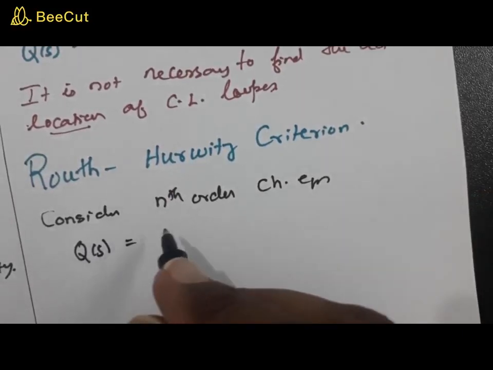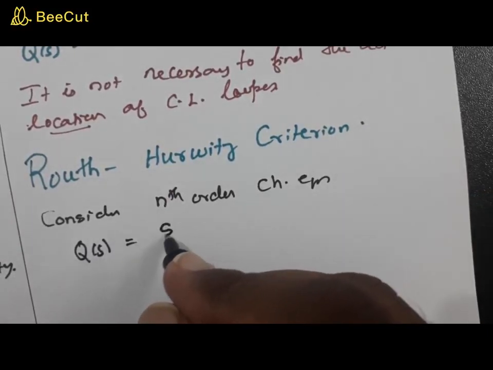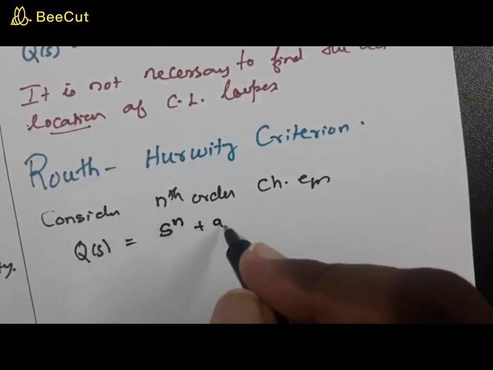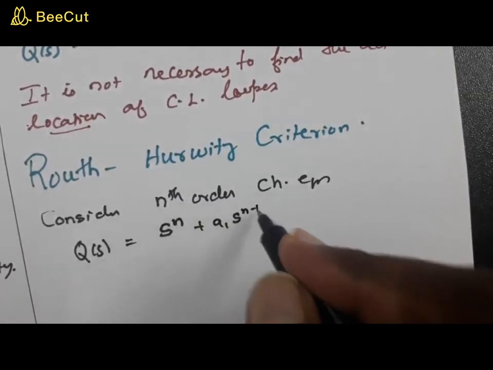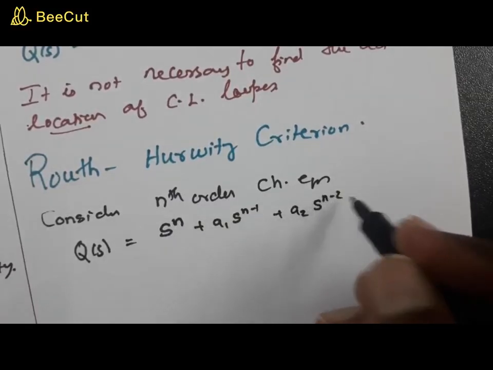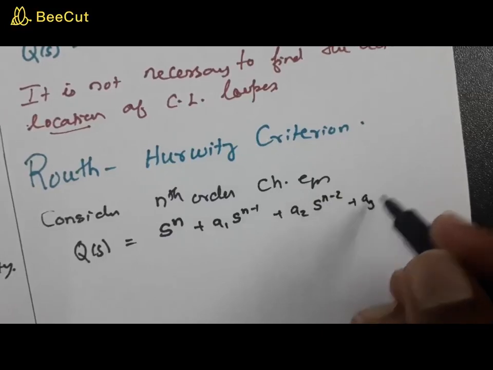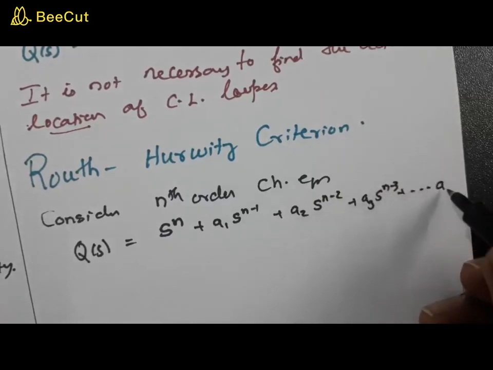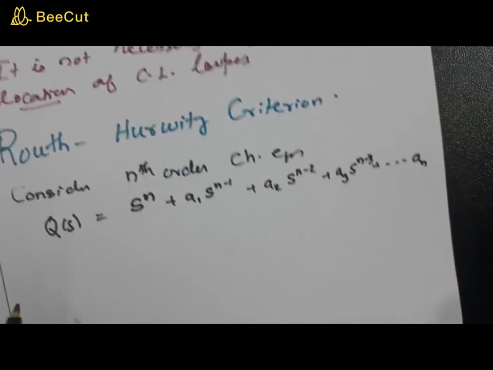If it is an nth order polynomial, I'm assuming this to be s raised to n plus a1 s raised to n minus 1 plus a2 s raised to n minus 2 plus a3 s raised to n minus 3, and it goes on like that up to an s raised to 0.